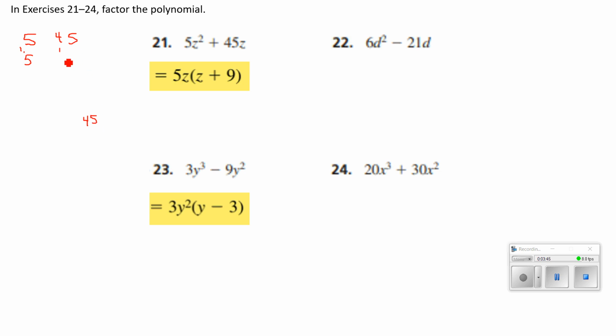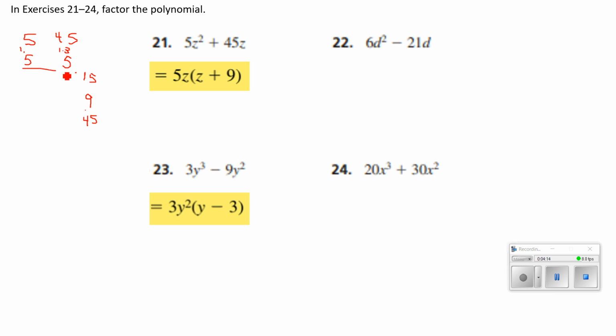I can also remember that other factors of 45 will be 5 times 9. And then, of course, another factor could be 15 and 3. So I could put also a 3 over here and a 15 over here. These are all the factors that go into it.